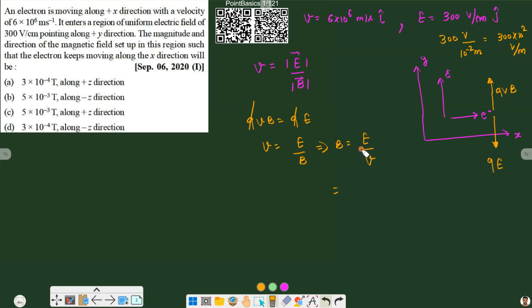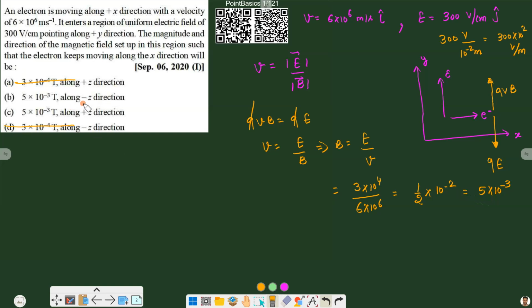So the electric field will be 3 into 10 raised to power 4. Velocity is 6 into 10 raised to power 6. So we get half into 10 raised to power minus 2, or we can write it as 5 into 10 raised to power minus 3. That will be the magnitude of the magnetic field. So option A gets cancelled and option D gets cancelled.